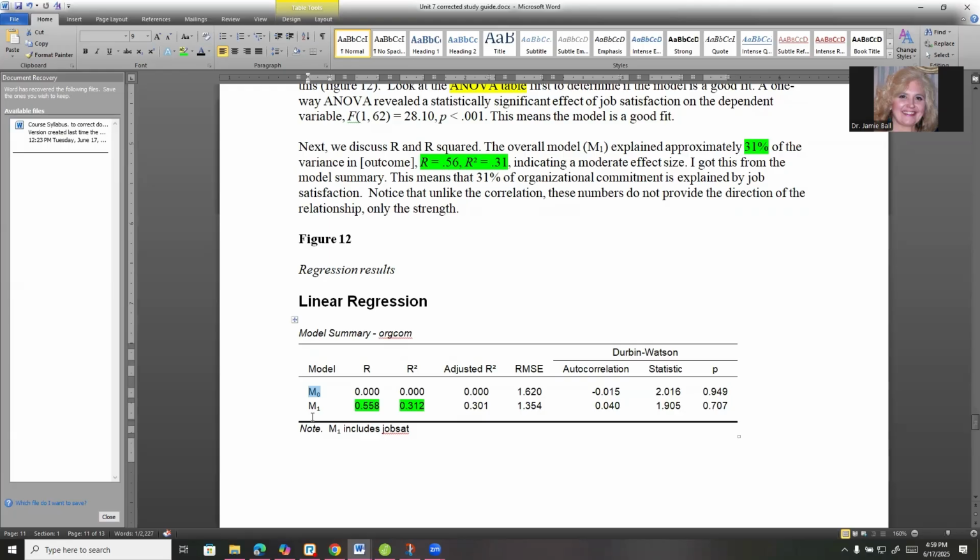But M1 adds our predictor variable, in this case job satisfaction, to the dependent variable of organizational commitment. So our R value is almost 0.56, 0.558, we rounded up, and R squared is R squared literally, which is 0.31 if we round it. So this is a moderate effect size.